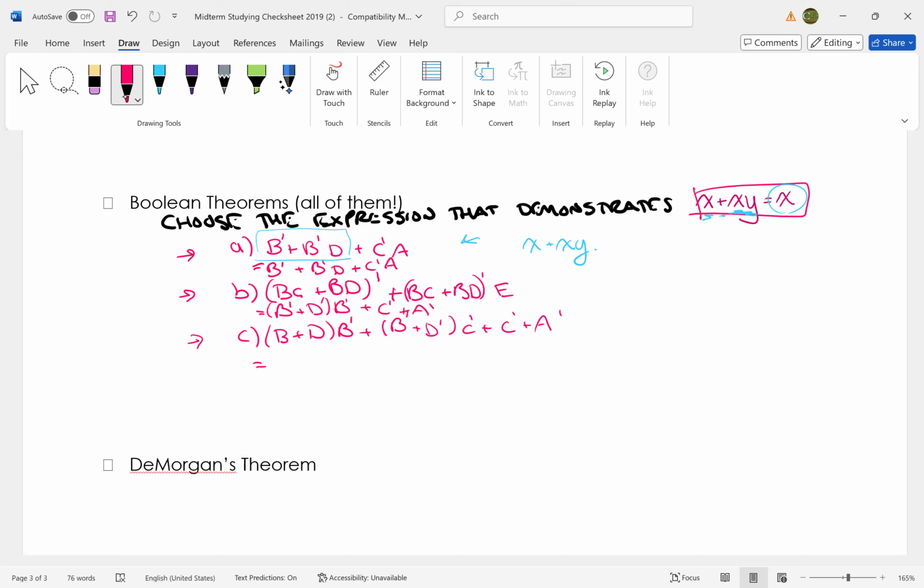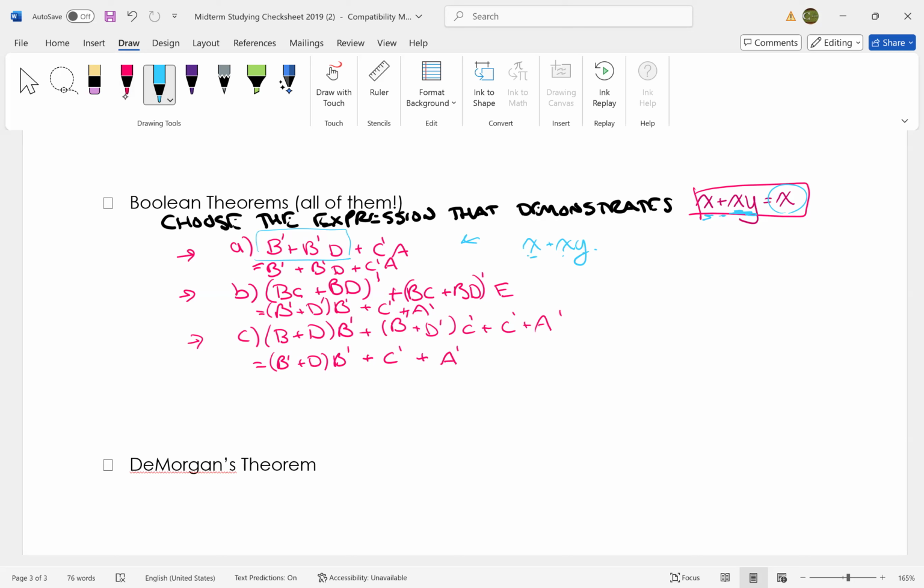And then the next one, I'm going to go B prime plus D, B prime plus C prime plus A prime. And what I need you to be able to notice in a question like this is I'm going to look for the X plus XY.